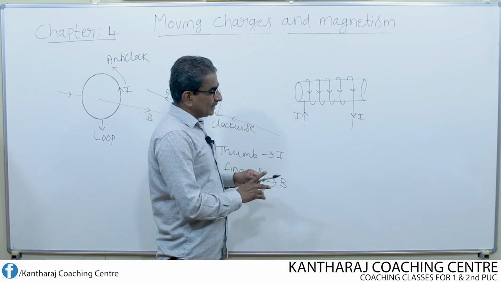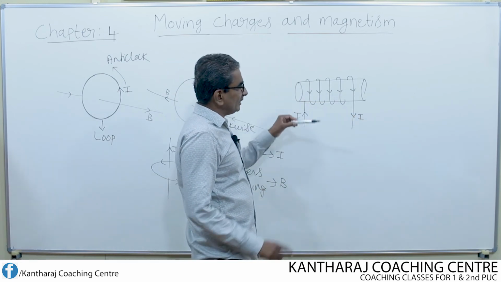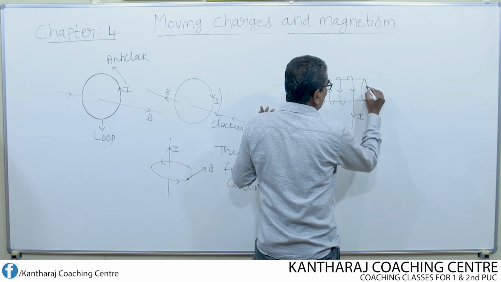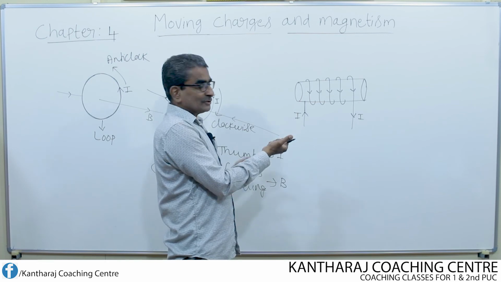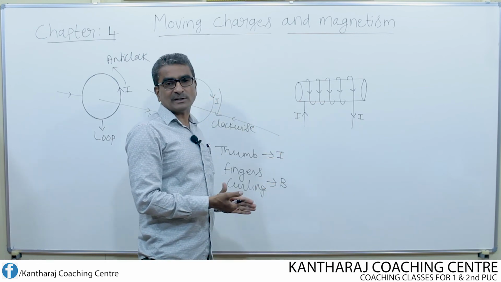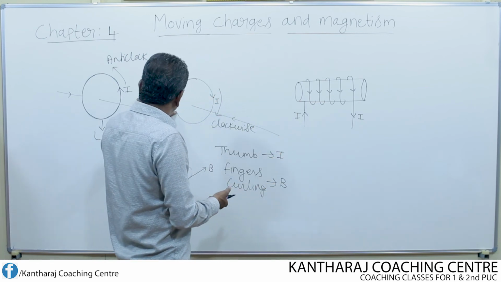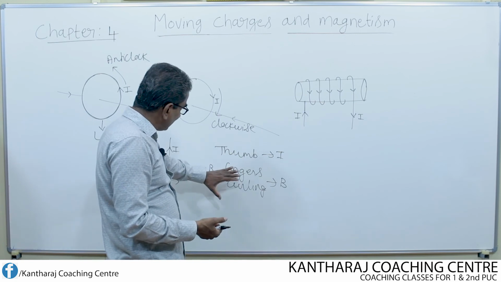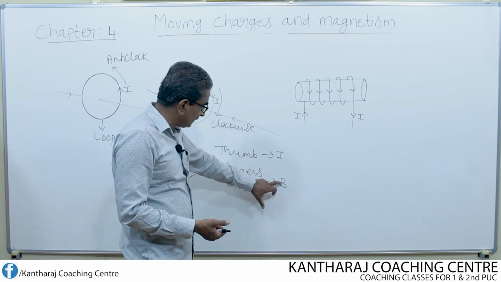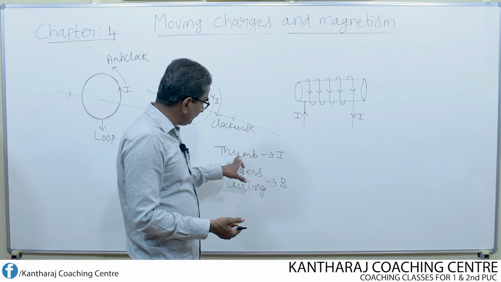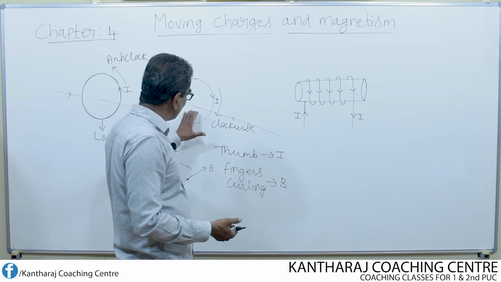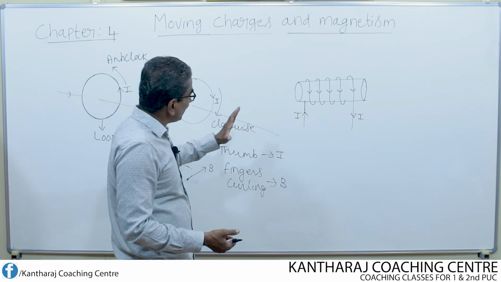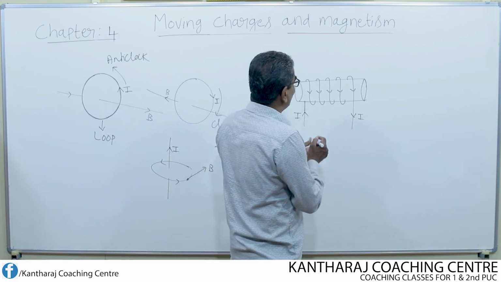Now, if you imagine this as a solenoid, then hold the solenoid once again by means of right hand. So in all three cases, we are making use of right hand. In this case, we apply the same right hand rule in a reverse direction. That means for thumb, B will be there. For fingers curling, I will be there for these two cases.